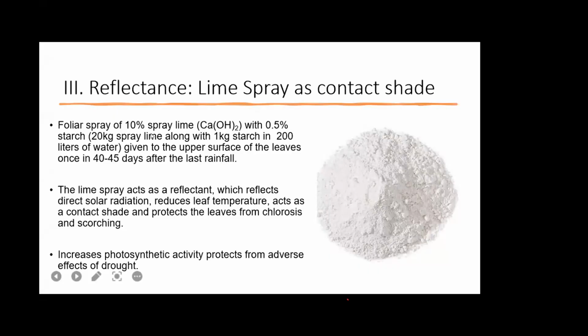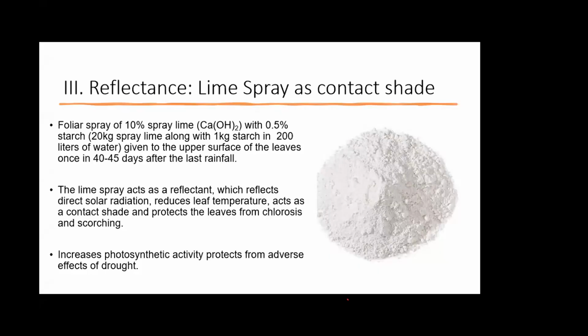Okay, foliar spray of 10% spray lime is recommended, and 10% means you have to take 20 kg of spray lime along with 1 kg of starch in 200 liters of water, and spray this on the upper surface of the leaves once in 40 to 45 days after the last rainfall. So the schedule is the same, 40 to 45 days after the last rainfall. And it acts as a reflectant.